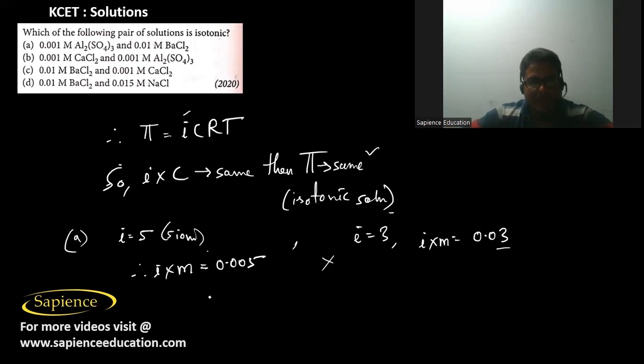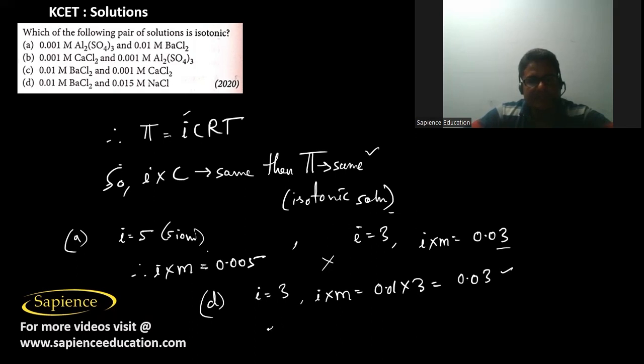But in the case of option D, we see that here the Van 't Hoff factor for BaCl2 is 3, since it can give 3 ions, and i into M value will be 0.01 into 3, that is 0.03.